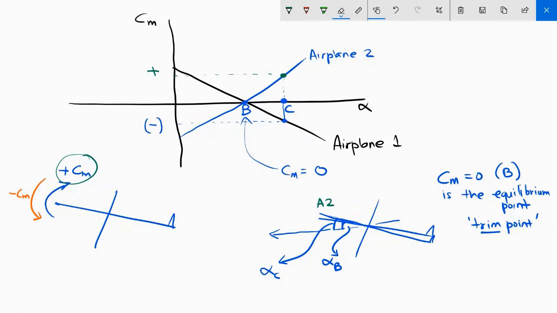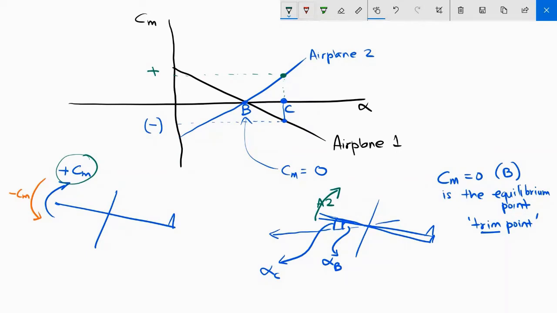Because of the positive moment which will be generated, the aircraft will be rotated more upward. From alpha C, it will pitch more upward, so the angle of attack will increase more. So this will not be statically stable.